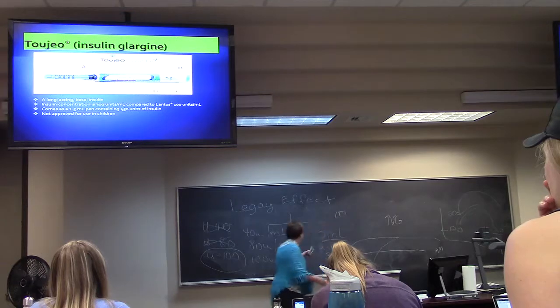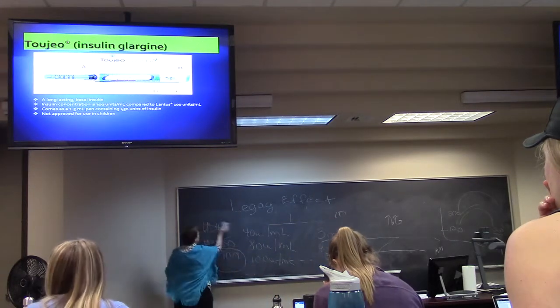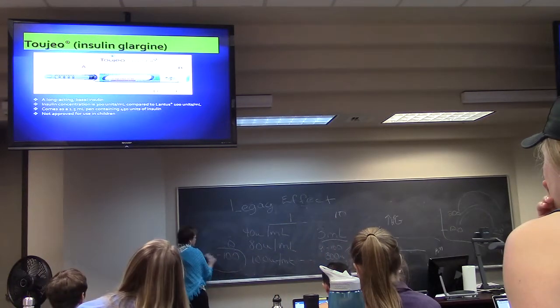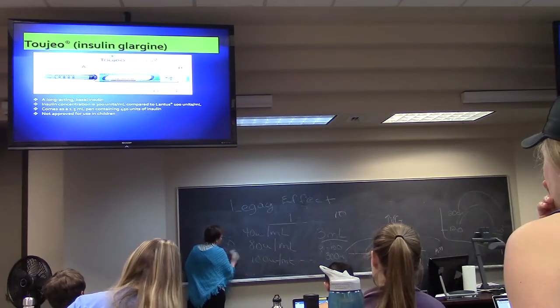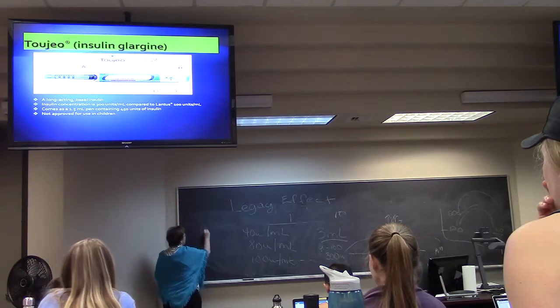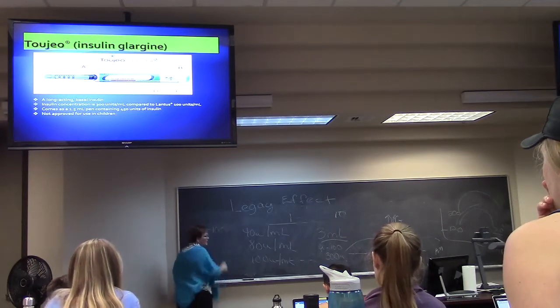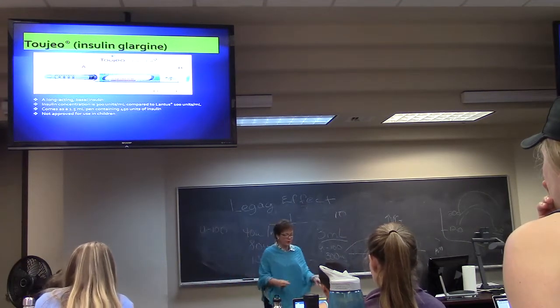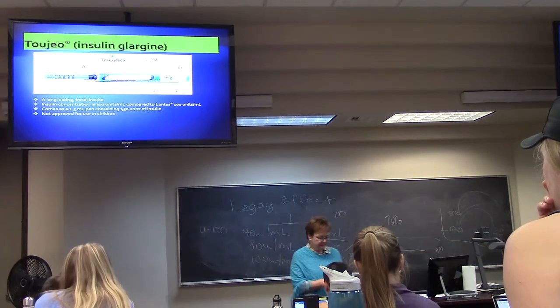So here's what's happened. Because people are larger, they're more insulin resistant. I'm talking more about the type 2s. They've had to start making more concentrated insulin. So now we have U100. If you go back and look at that first page, I've listed some of the products.